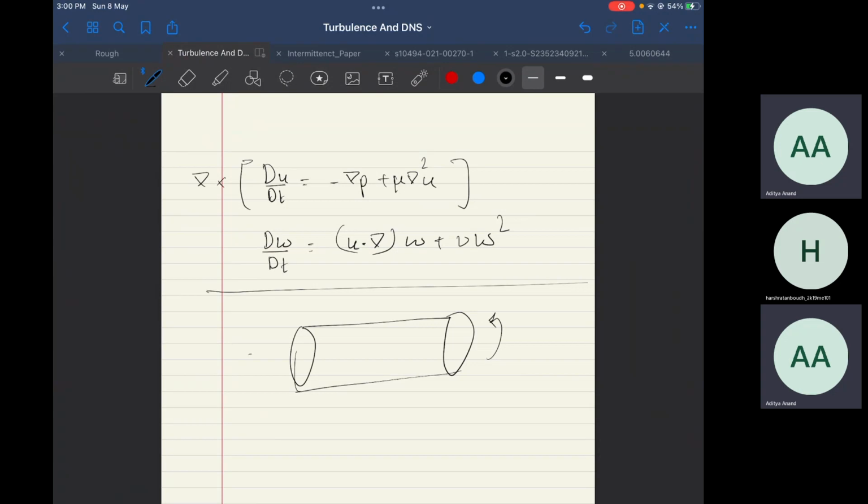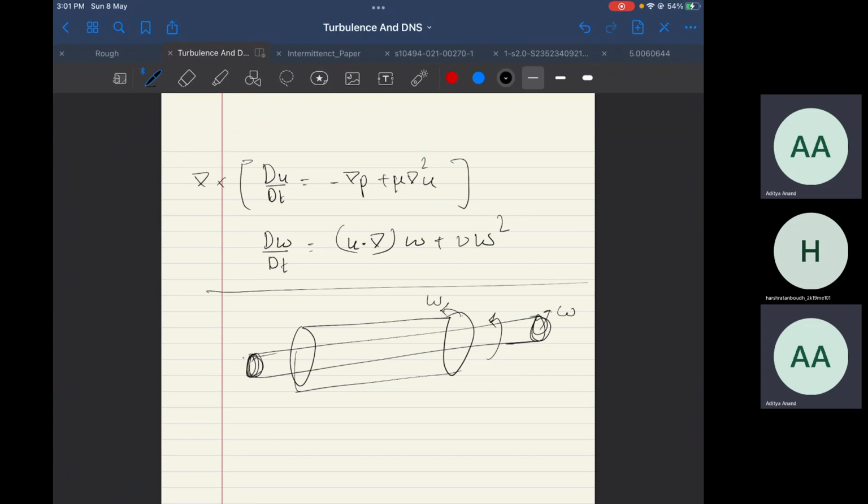Since they are stretched out, because of the conservation of angular momentum, your vorticity increases. So the omega for this one was smaller, and for this one it is larger.